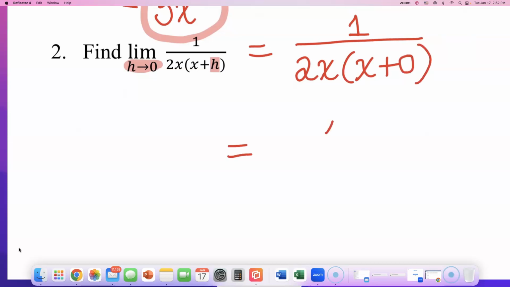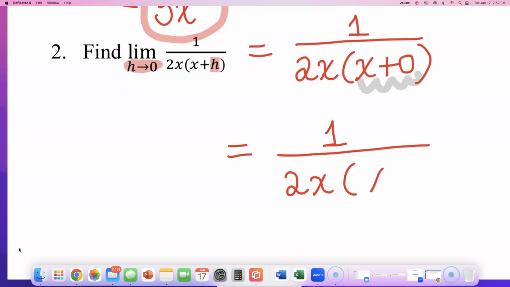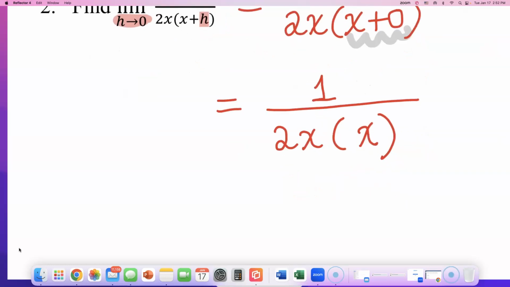That is 1 over 2x times, well, x plus 0 is just x, isn't it? You're not adding anything to x, so that's just x. So we can simplify this one more step. This is the same thing as 1 over 2 times x, which is x squared.